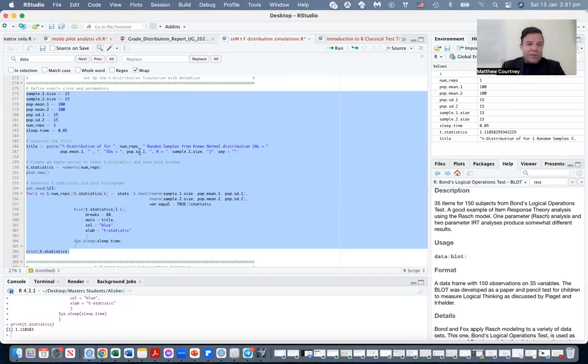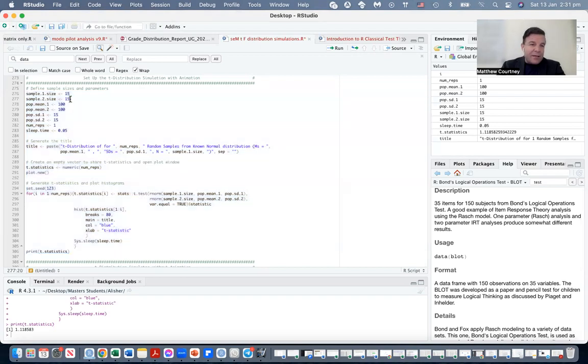Now, inside RStudio, you will have the simulation set up, hopefully. As I said, we're having 15 males and 15 females. Let's call sample 1 the females and sample 2 the males. We set the population in the software to have a mean of 100 and a standard deviation of 15.